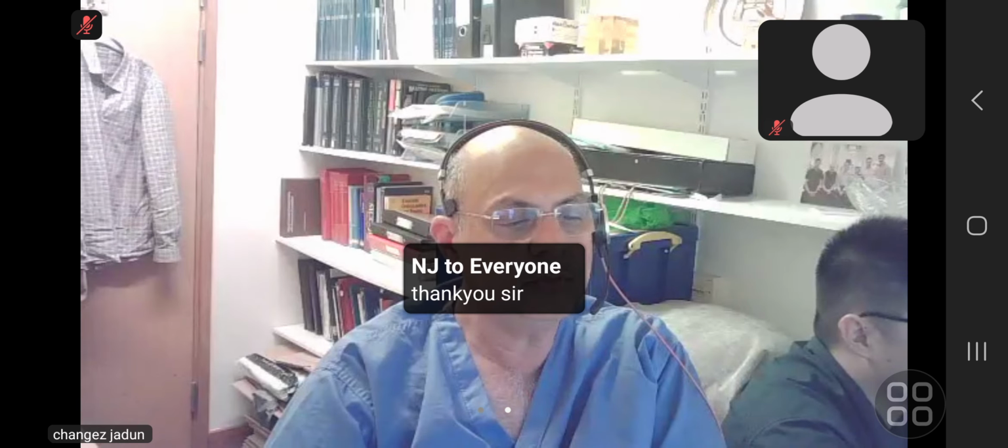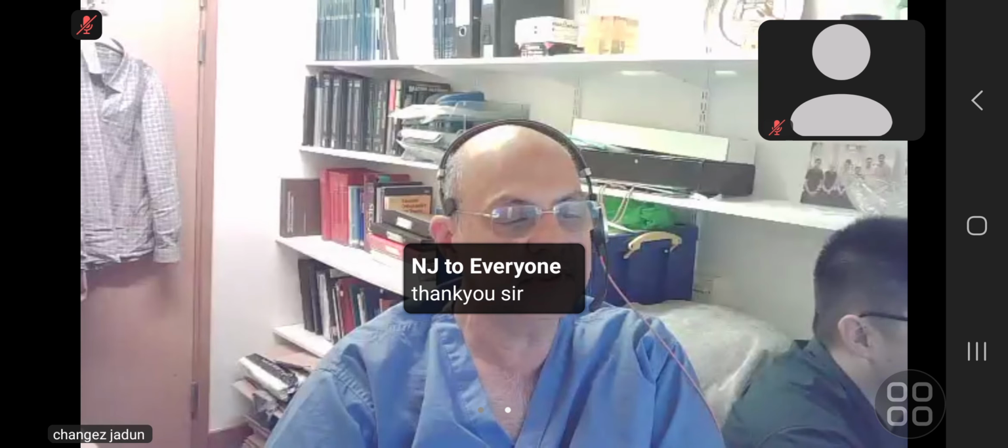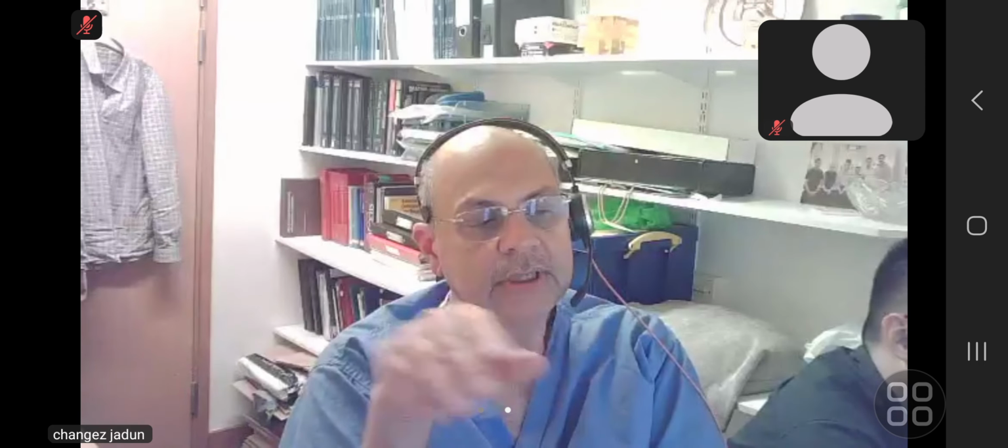How to differentiate on imaging between intradural and extradural? It depends how you're talking about the spine. Try to look for the dura: it will be pushed inwards if it is extradural, and if it is intradural, the dura will be pushed outwards.